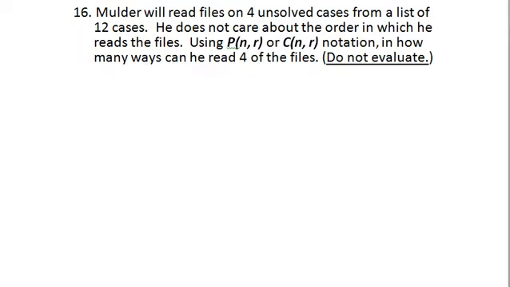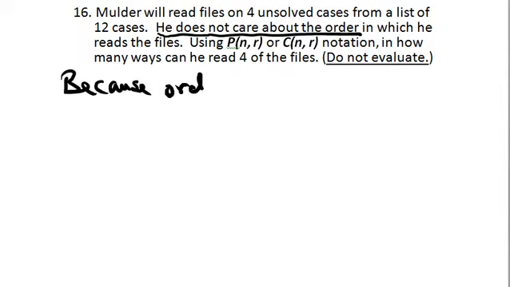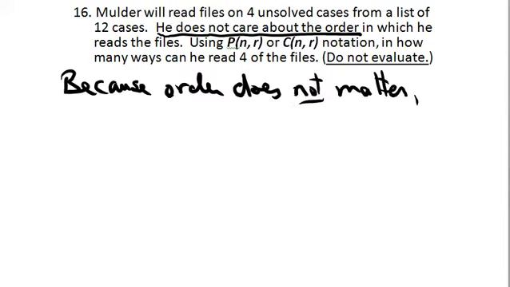Now the important thing to notice here is it says that he does not care about the order. When you don't care about order, you know you're going to be dealing with a combination. So I'll just say this explicitly: because order does not matter, this is going to be a combination.